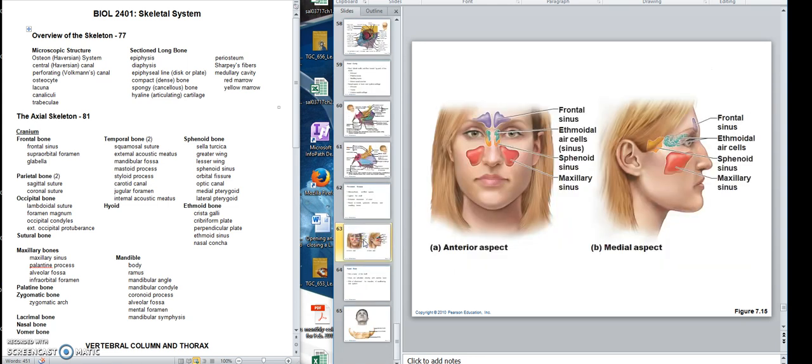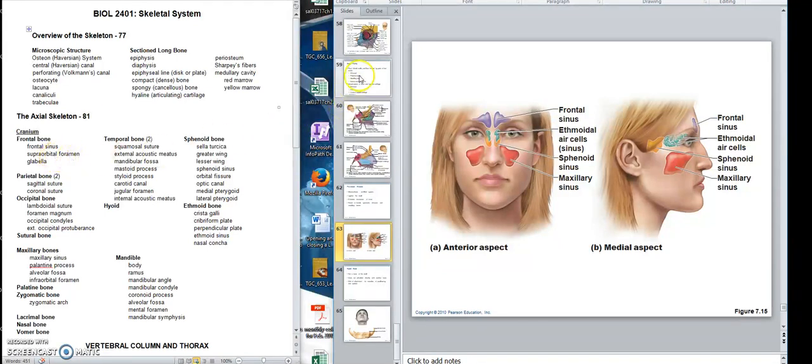You see them on commercials where you have sinusitis. These are hollow spaces in the skull covered by a mucous membrane. We have hollow spaces in the frontal bone called the frontal sinuses. Then when we get to the other bones, ethmoidal, sphenoidal, maxillary, we have some others. I'm just showing you while we have this picture up. So we've got the frontal sinus.